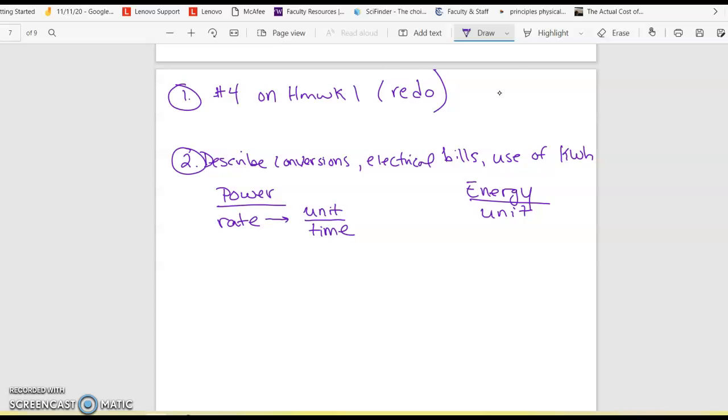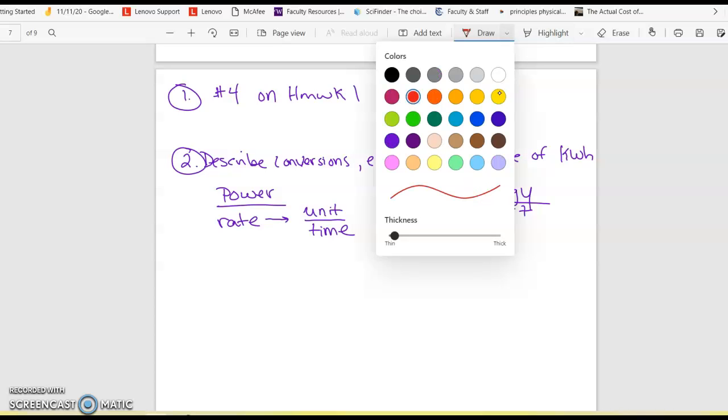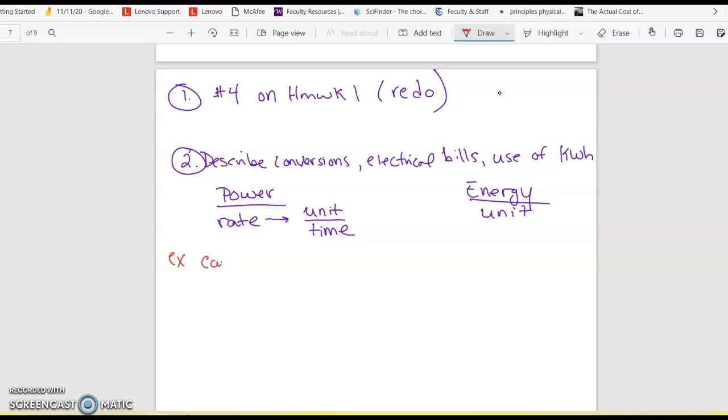So as an example, a car might drive 60 miles per hour. That means 60 miles in 1 hour. This is a rate because you have a distance. That's our unit.